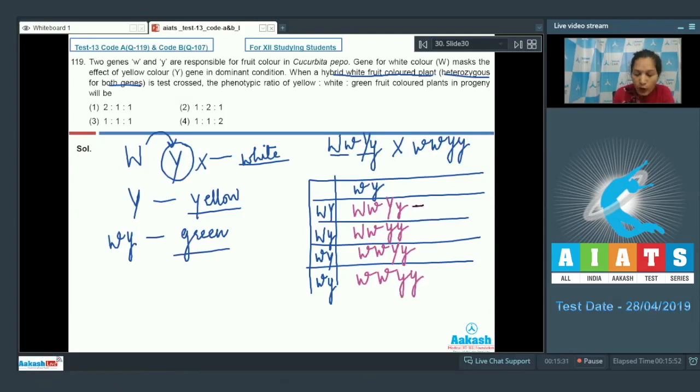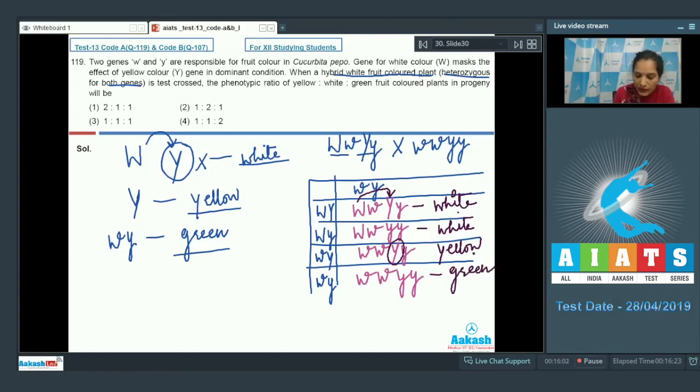Now, the phenotype of this offspring will be white, as white is present in the dominant condition and it has masked this gene. Now, capital W again, it will be white. Here, capital Y, so it will be yellow, and here because both are absent, it will be green.